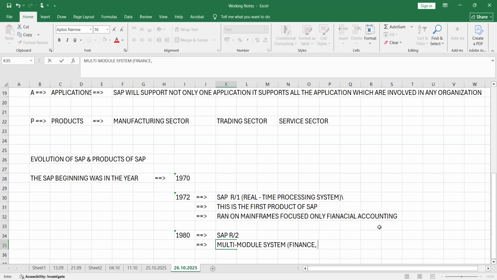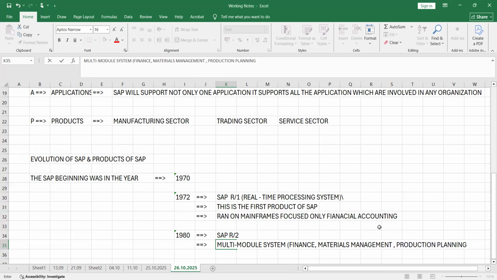Finance, materials management, and production planning.